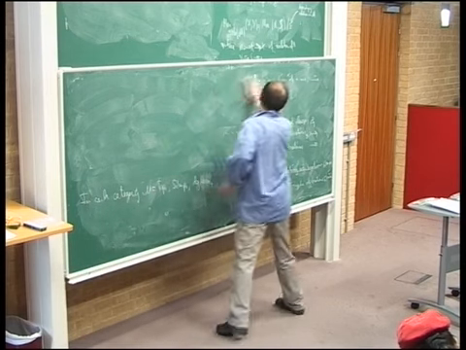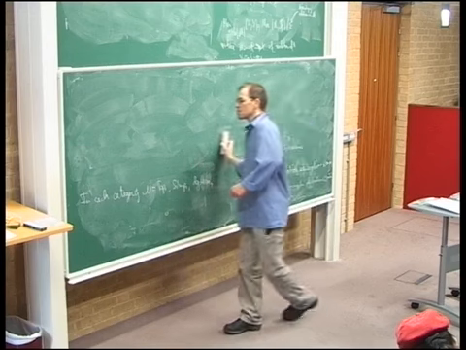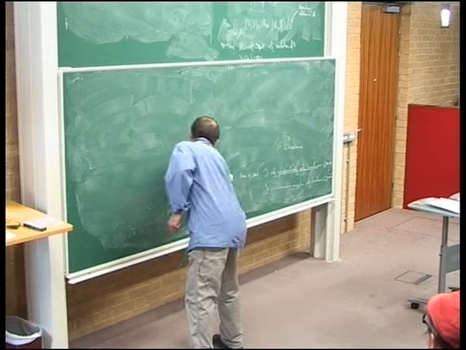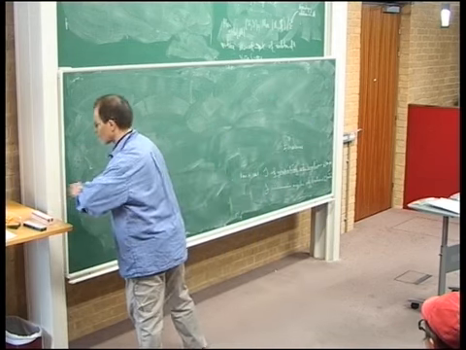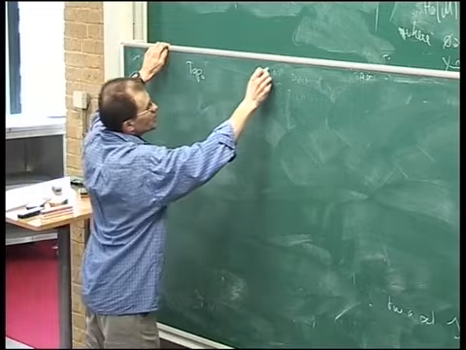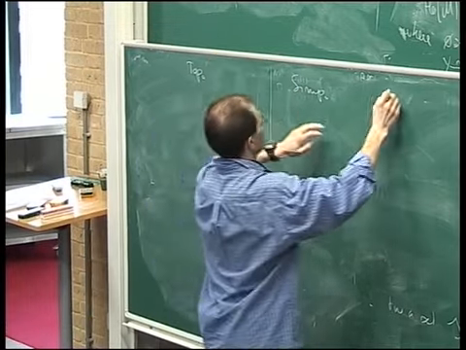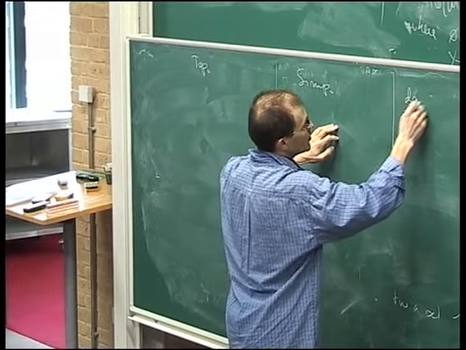So to summarize these notions, you have the category of topological spaces, the category of simplicial sets, and the category of DG commutative algebras.